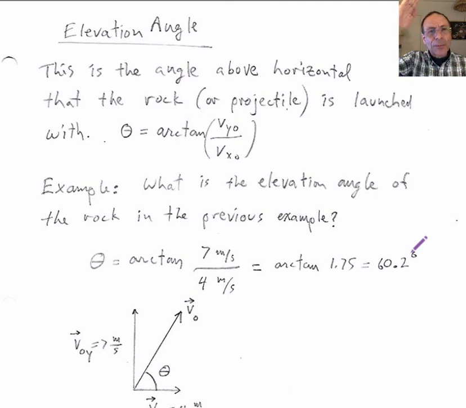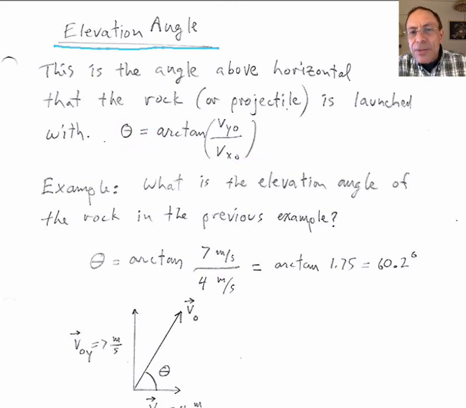How far tilted up the barrel of the gun is pointed. And so that's called the elevation angle. So let's talk about how far your projectile will go based on this angle.